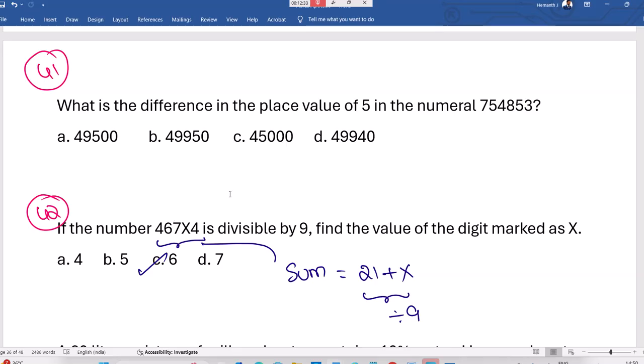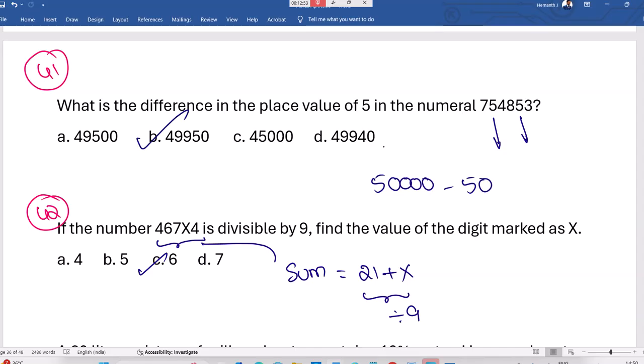This question asks the difference in the face value of 5. Place value and face value, it seems. I think that's the mistake again. Yes, place value. 5 is there in two places. Here it is, and here it is. The value for this one is 50,000, and for this one 50.